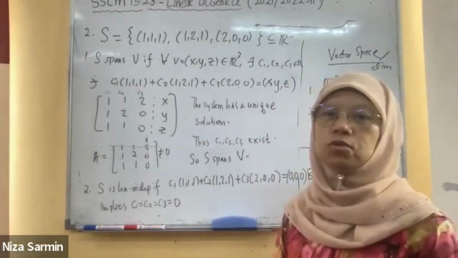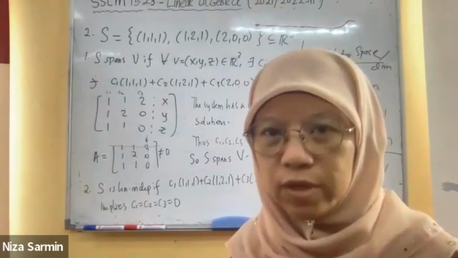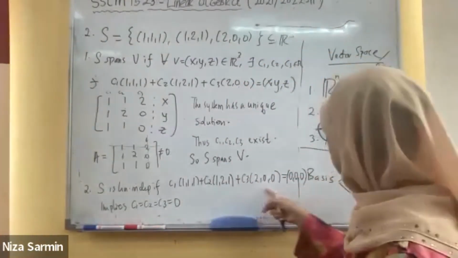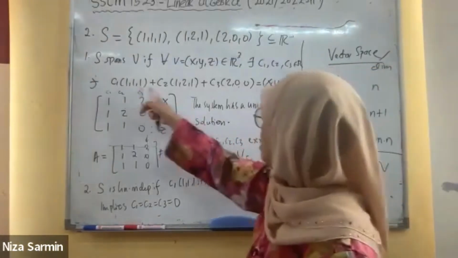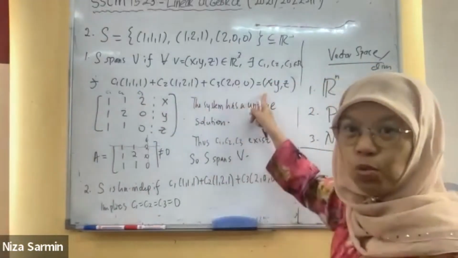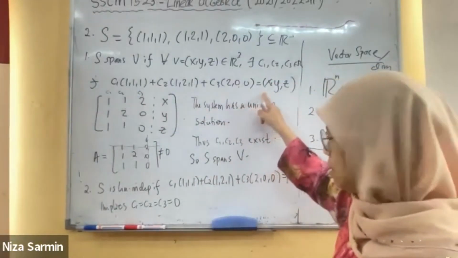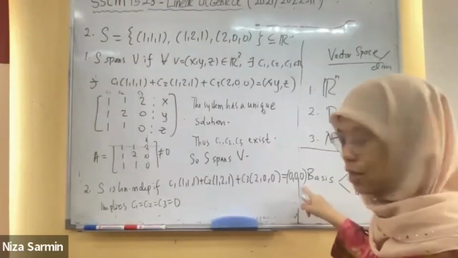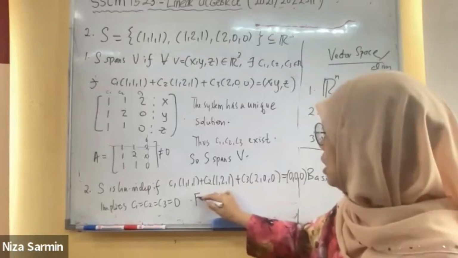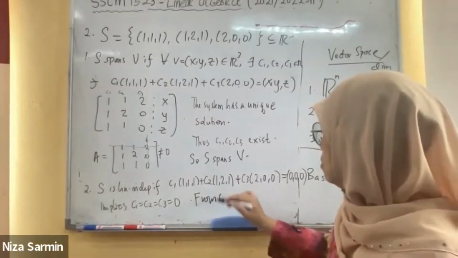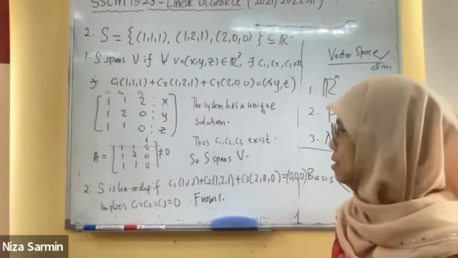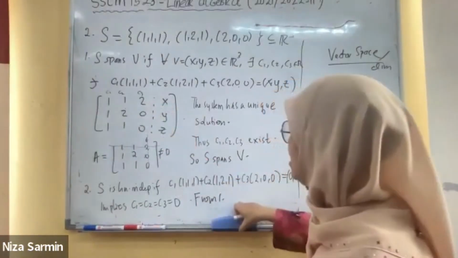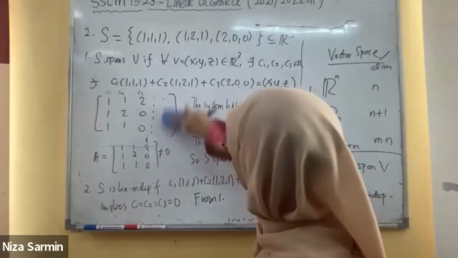So you don't have to rewrite everything all over again. You just see that this is the same as this, right? With X, Y, Z replaced by 0, 0, 0. Okay, so you put from 1, copy, don't erase, copy. I can erase.